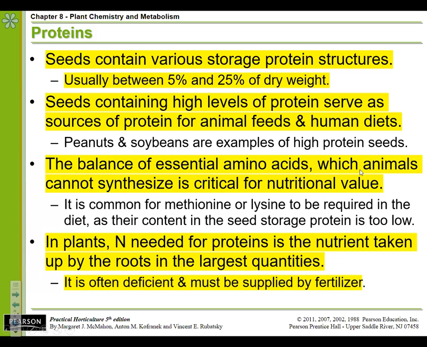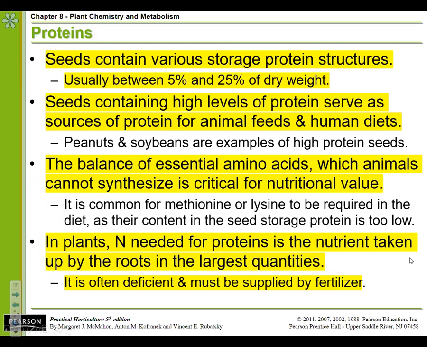In all plants, nitrogen is needed for proteins, and that is the nutrient that is taken up by the roots and utilized in the plants in the largest quantities. Nitrogen is very mobile in the different forms that it exists as, ammonium and nitrate most commonly in the soil.